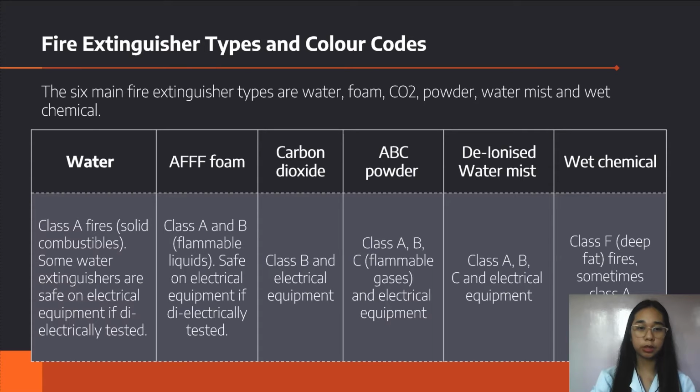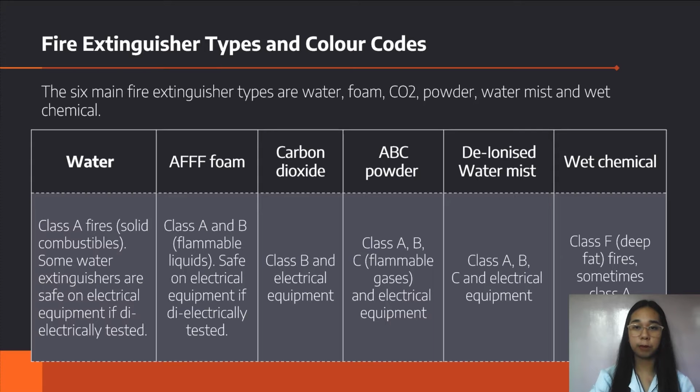Some water extinguishers are safe on electrical equipment if dielectrically tested. For the foam, which is the AFFF foam, this is for Class A and B, which is flammable liquids, and is safe on electrical equipment if dielectrically tested. And the carbon dioxide fire extinguisher is for Class B and electrical equipment.